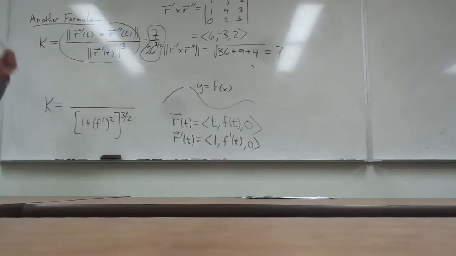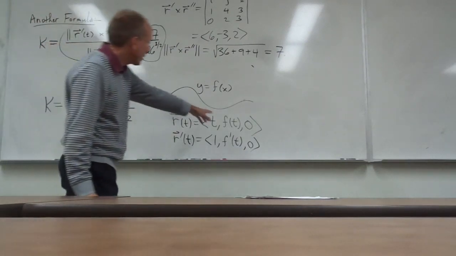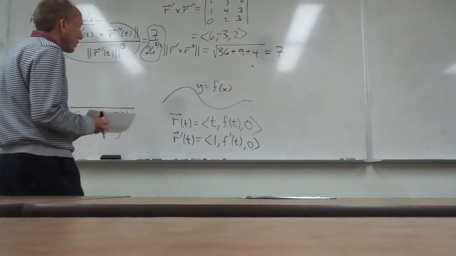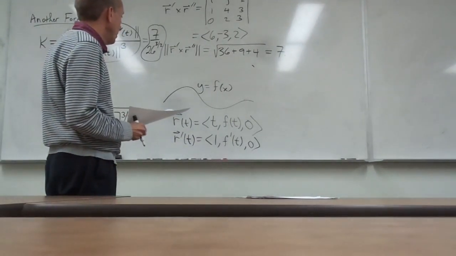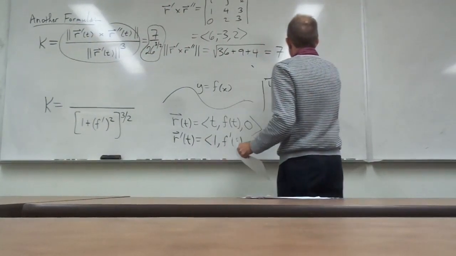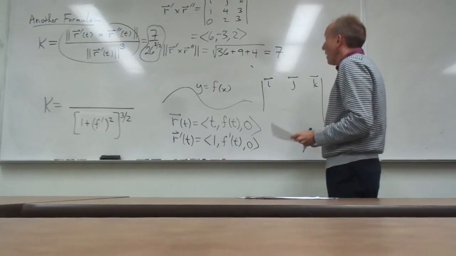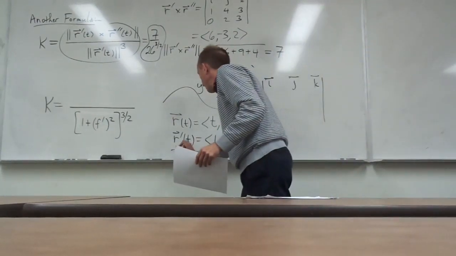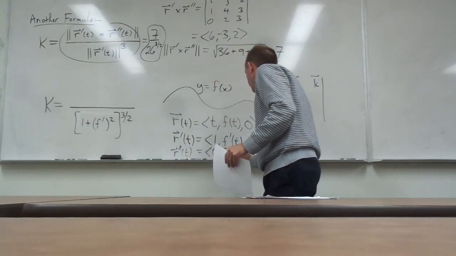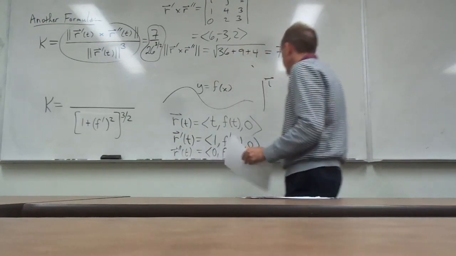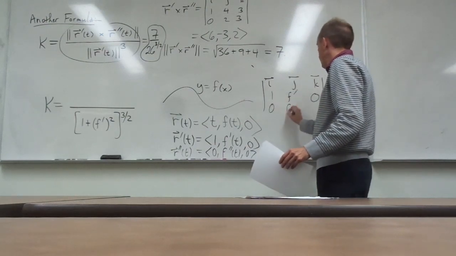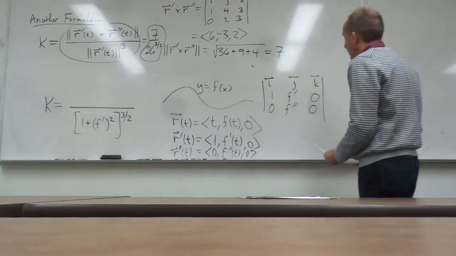And then on the top, we take the cross product. Actually, I'm sorry, we have to find the r double prime, which is 0, f double prime of t, and 0. So I put in 1, f prime, and 0 and 0, f double prime, and 0.